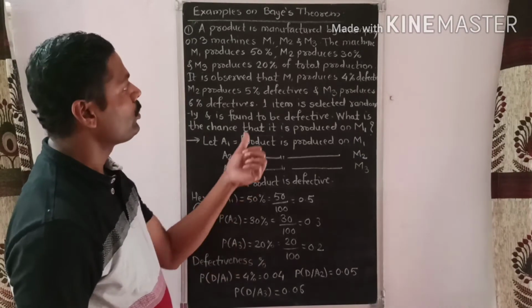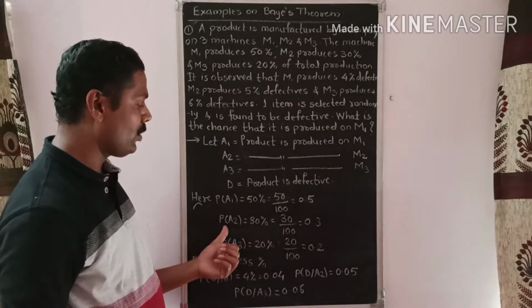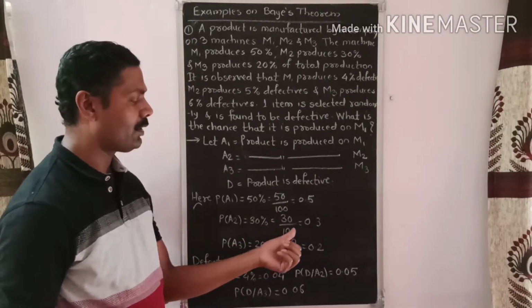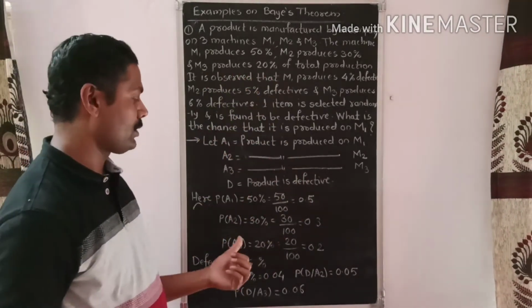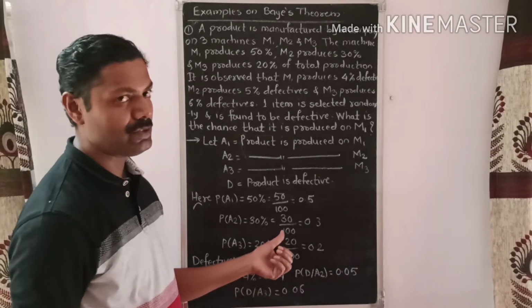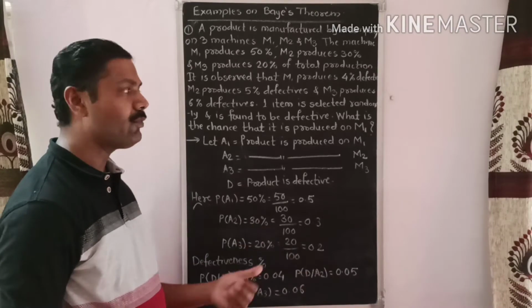M2 produces 30%, so P of A2 is 30%, which is 30 upon 100, 0.3. And M3 produces 20%, so P of A3 is 20%, which is 20 upon 100, 0.2.